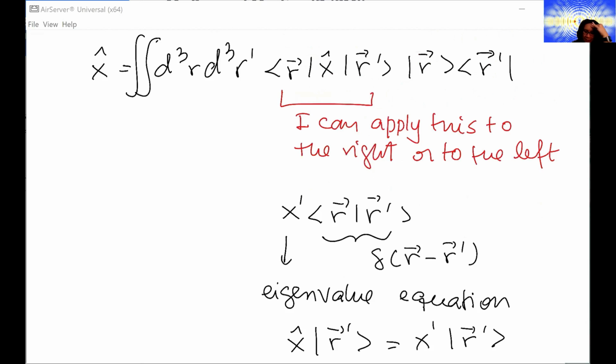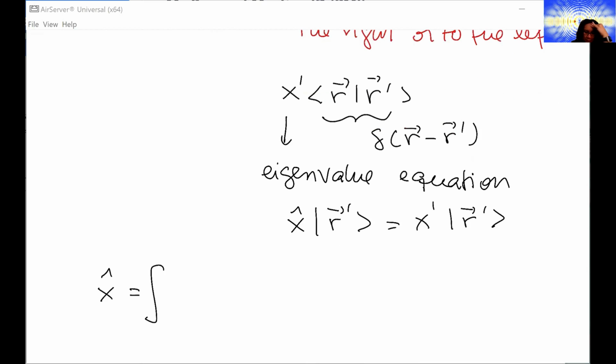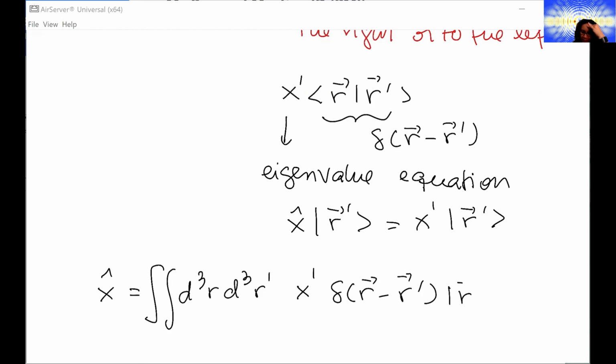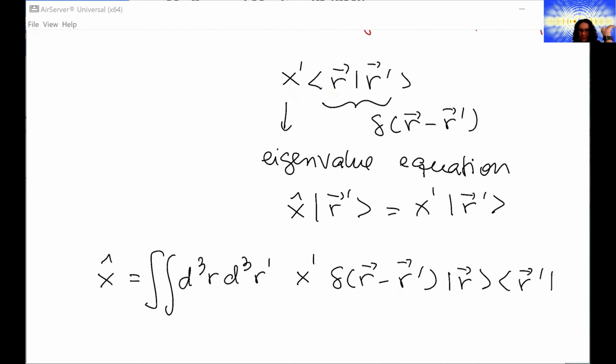because you have this Kronecker delta, you're going to kill one of the integrals, but I'm going to do it slowly. ∫d³r d³r' then you're going to get x' δ(r − r'). Here you have ket r bra r', correct? Is the way it was set up, yes.